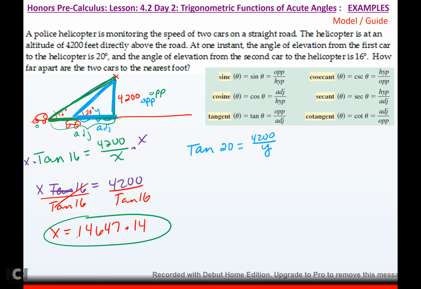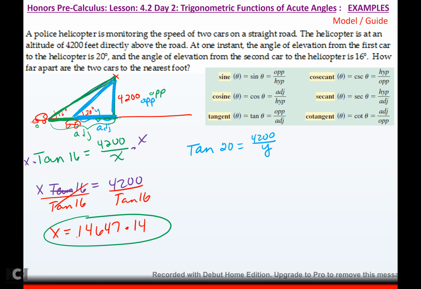So my plan was to take the green, which was 14647.14, and subtract the blue, so 14647.14 minus 11539.41, and I get 3,107.7 feet.